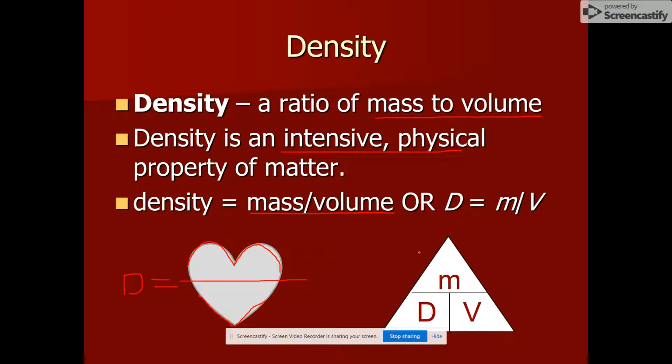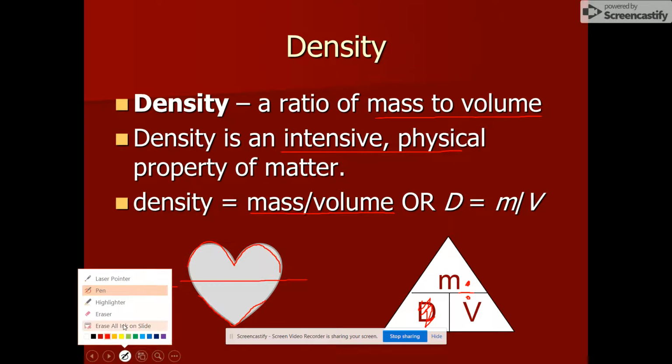An easy way to remember the relationship of all three of these properties, mass, density, and volume, is this density pyramid that I have here. By covering up the one you want, you can figure out what they all are. So, for example, if I want to know what density is, I cover up density, and I have M over V, and that means I divide mass by volume.